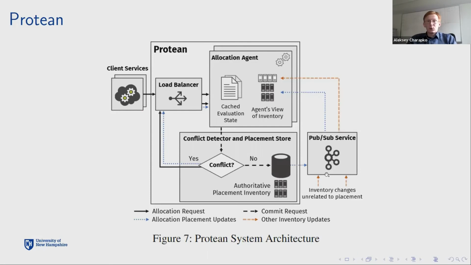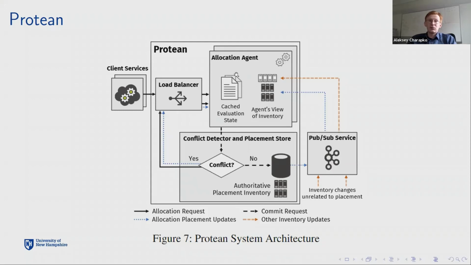And yeah, so in the end, this is how the actual high level architecture looks like. You have a load balancer, so your virtual machine allocation request is going to come to the load balancer. The load balancer will pick one of many possible allocation agents.